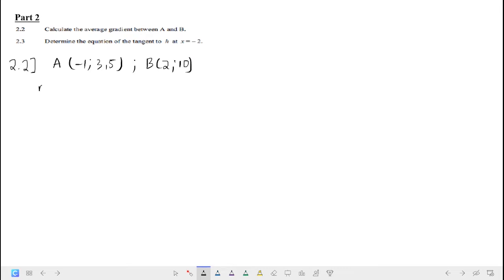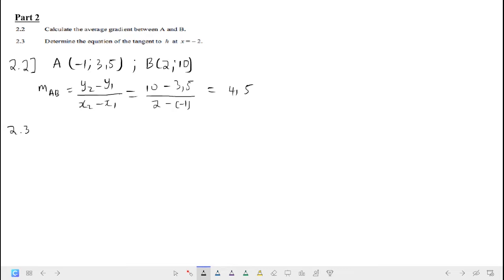An average gradient is going to be m_AB. It's an average, so it's going to be y2 minus y1, which is the normal gradient that we know, divided by x2 minus x1. So this means this is going to be 10 minus 3.5 divided by 2 minus minus 1. And then when you press this on your calculator, it's going to give you 4.5.